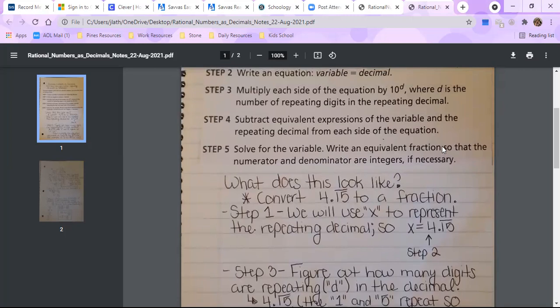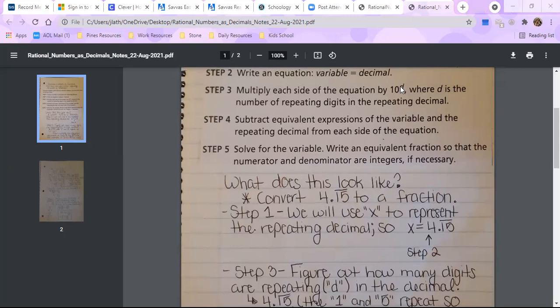For step 3, this is where it gets a little bit kind of crazy. You're going to multiply both sides by 10^D. Now D is a variable, and what number you're going to put there is how many digits are repeating.